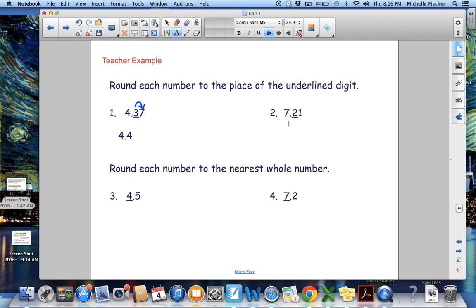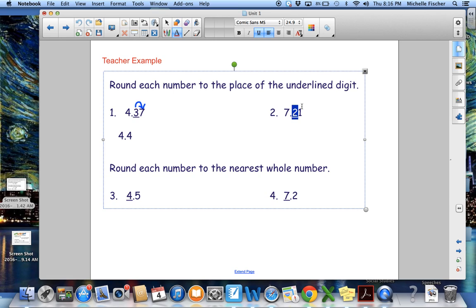Alright, and that is my number rounded. Let's take a look at number 2. We have 7 and 21 hundredths. That 2 is our underlined digit, which means it's our rounding place. Which number are we going to look at to figure out what to do with our rounding place? Type in which number you think we're going to look at to figure out what we do with that 2. Click Next when you're ready. Alright, we should have gotten number 1.